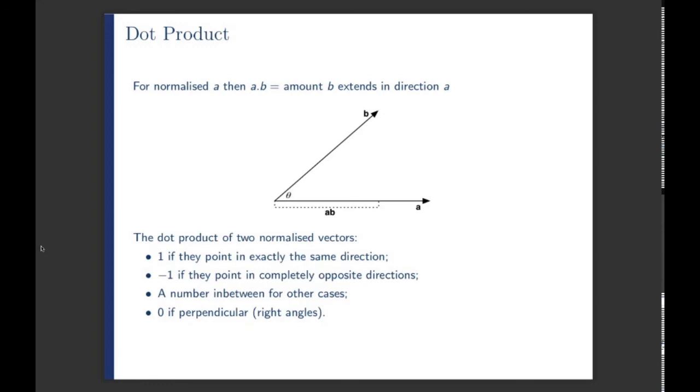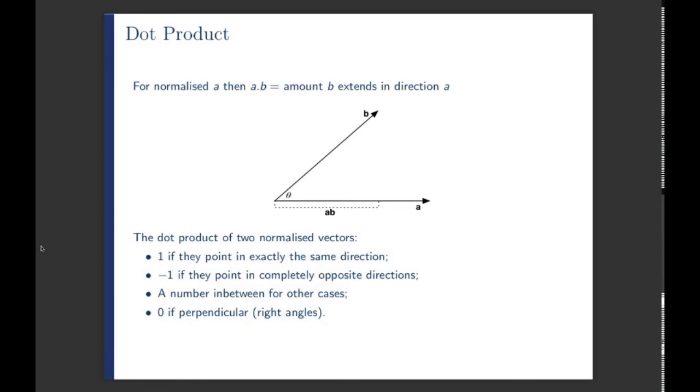So if we have two normalized vectors, if A and B are normalized, we can actually use this to compare their kind of relative positions. So if A and B are pointing in the same direction and they're both normalized, then the dot product is going to be 1. If they're pointing in opposite directions, then it's going to be -1.